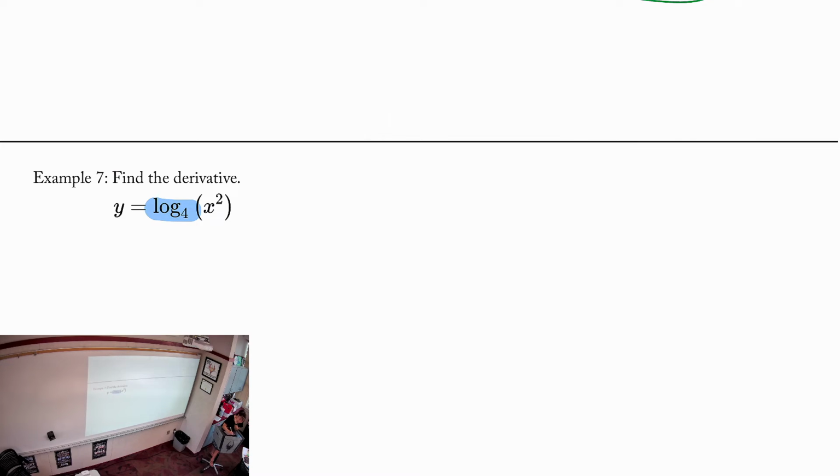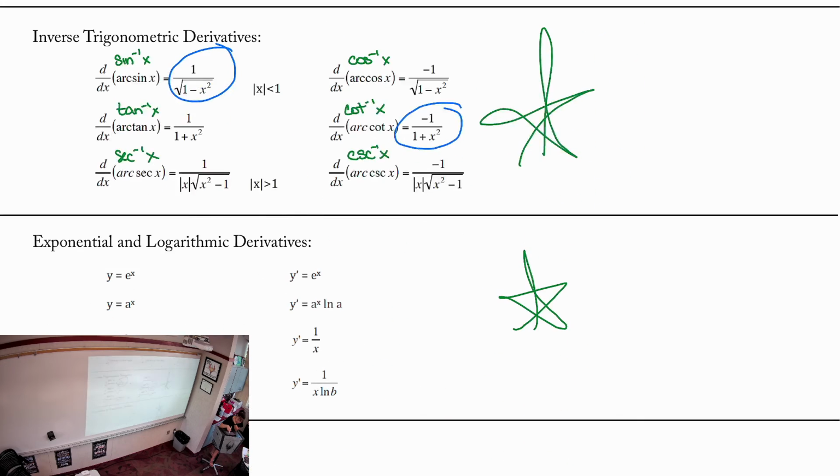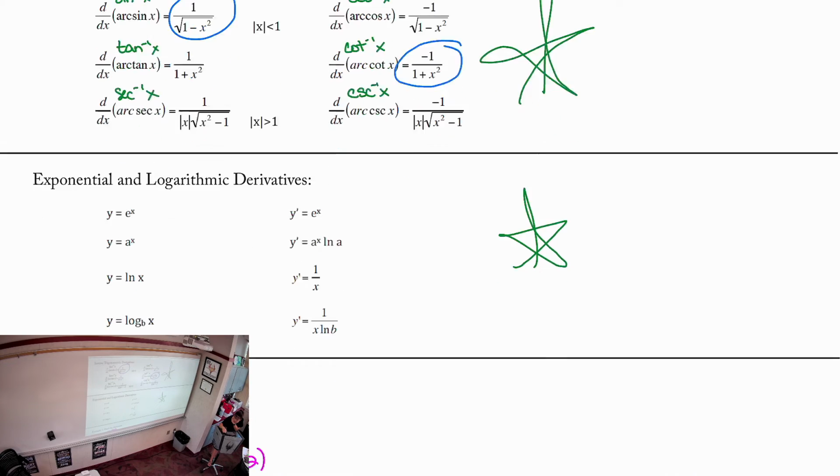Outside is log, inside is x squared. What does that make? Y prime is, nobody remembers the one for log, so we'll go back. 1 over x ln e.